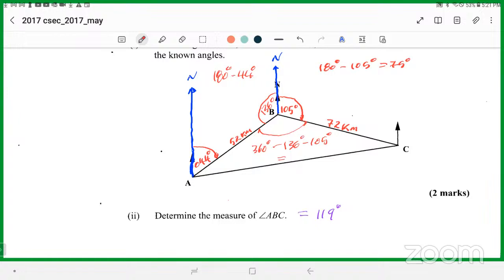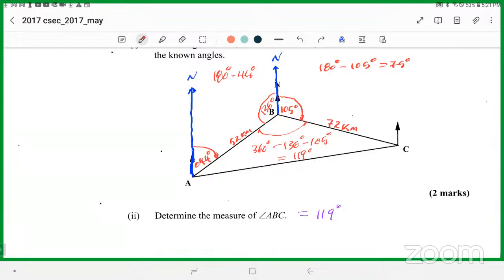And that should give you back this 119. And let me just double check that right here just to make sure. You can check it as well. It would be 360 minus the 136 and minus the 105. Good, we get the same angle.